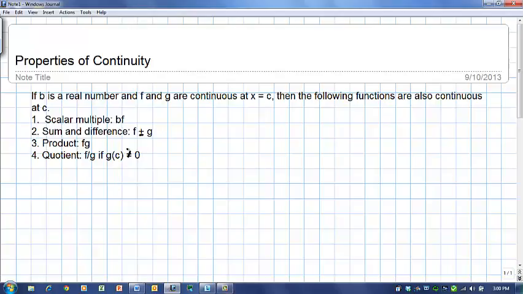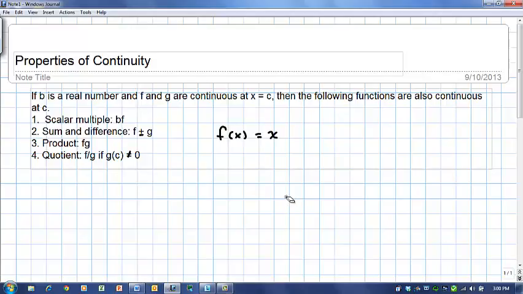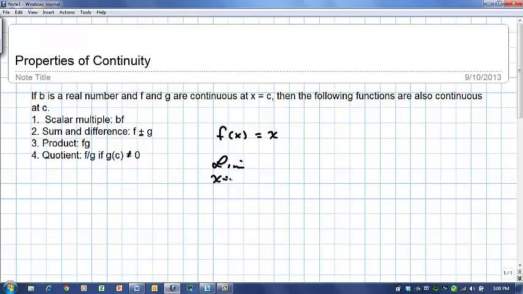So from this, we can actually get that all polynomial functions are continuous, because we can start with f of x is equal to x, and we can see that this function is going to be continuous everywhere on its domain, because we know from a previous section that the limit as x approaches c of x is equal to c for all real numbers c.